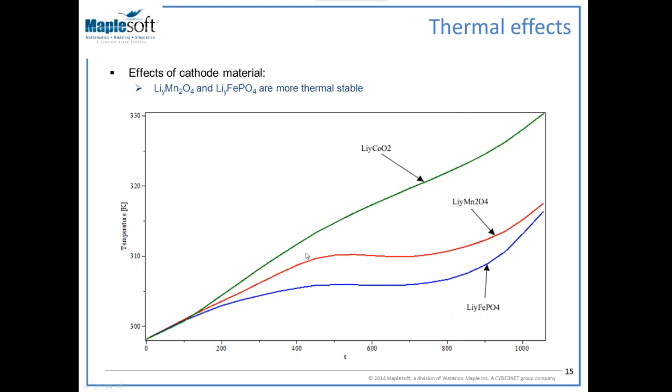So you can see very clearly from the plots here that the lithium cobalt oxide cathode has much poorer thermal stability compared to the other types of materials. That's the reason why lithium manganese oxide and lithium iron phosphate are getting more popular for automotive applications because of their good thermal stability.